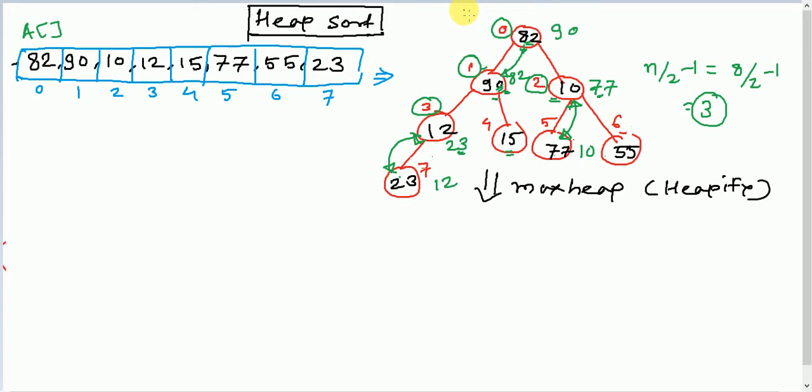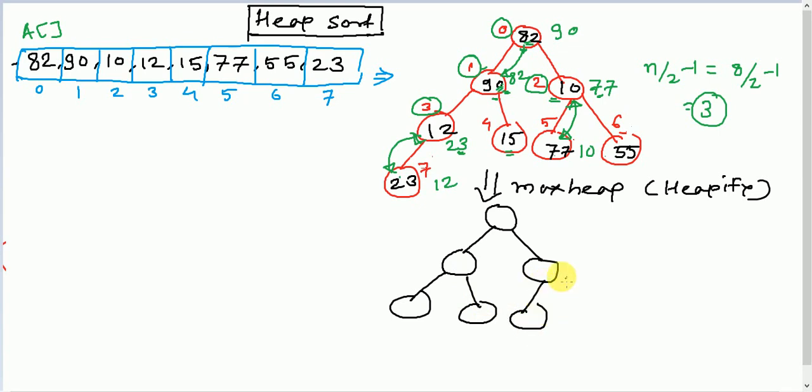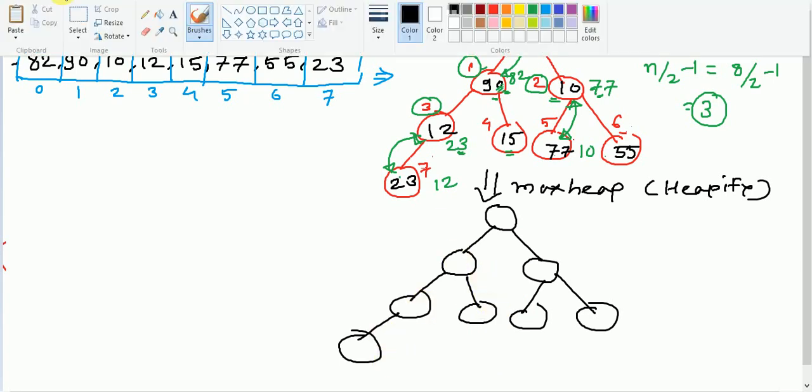After doing the adjustment, we have just swapped the parent and the child if the child is larger than the parent, and moved further. We are going from bottom to up, doing the arrangement at the bottom and then proceeding to the upper level.